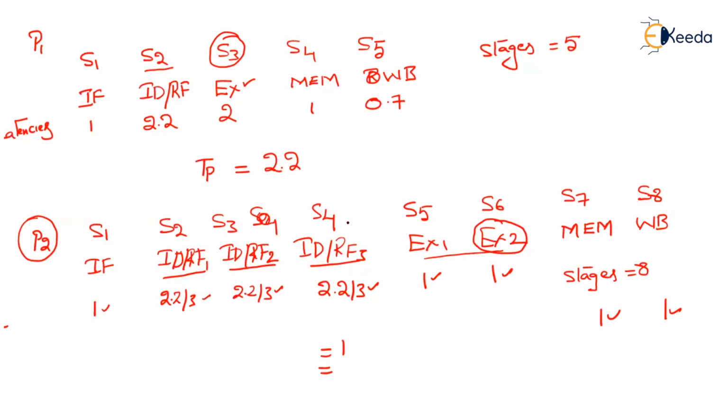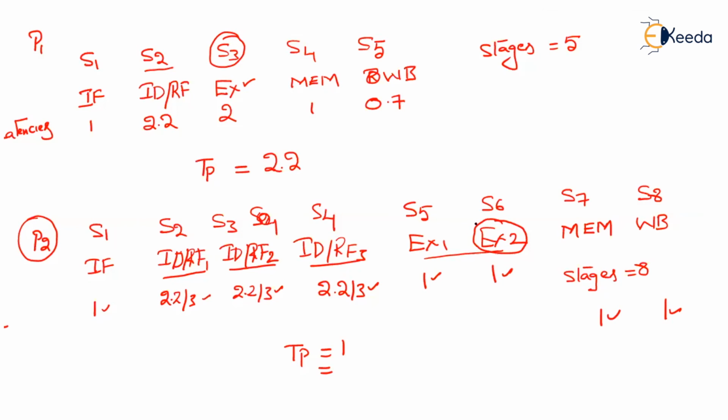The actual entry here must be in the second clock cycle. Of course, the moment the first instruction goes to S2 in the second clock cycle, the second instruction must come to S1 in the second clock cycle, right? But the second instruction cannot enter the pipeline if the first instruction is a branch instruction. So the second instruction will have to wait till the first instruction computes the instruction pointer.